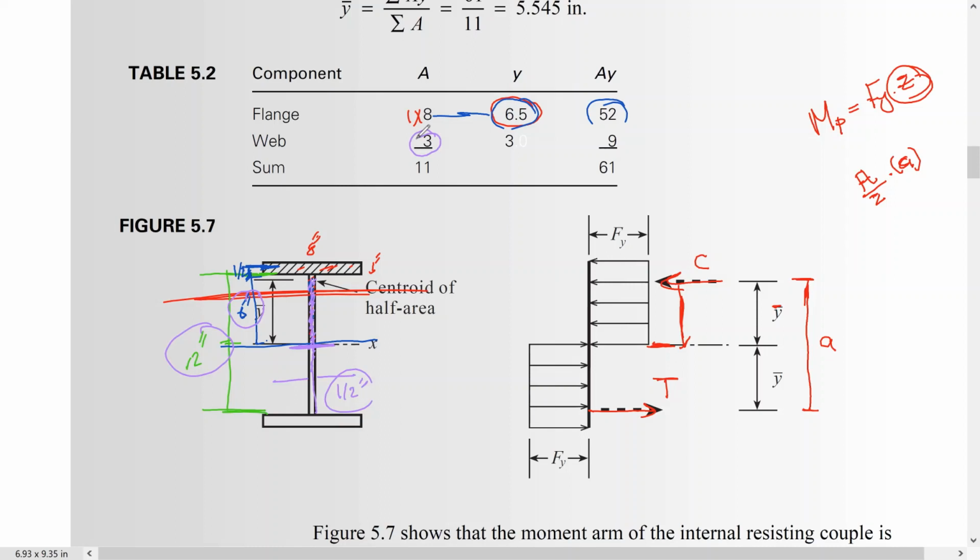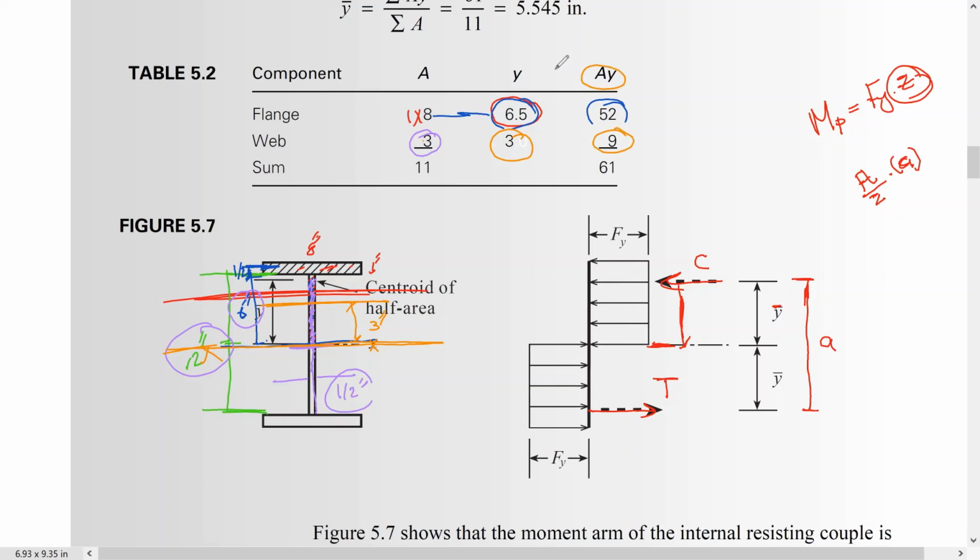And the centroid of this one is 3 inch from the datum point here. We considered this the reference, guys. Okay, but this one is also going to be 3. So 3 times 3 is 9.